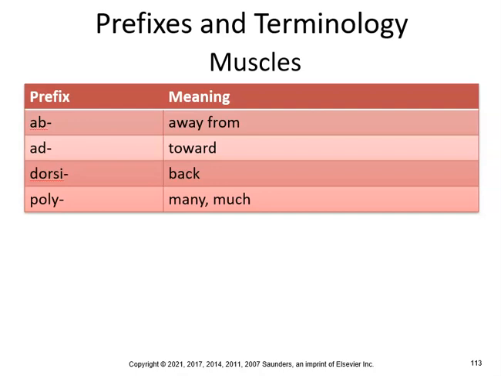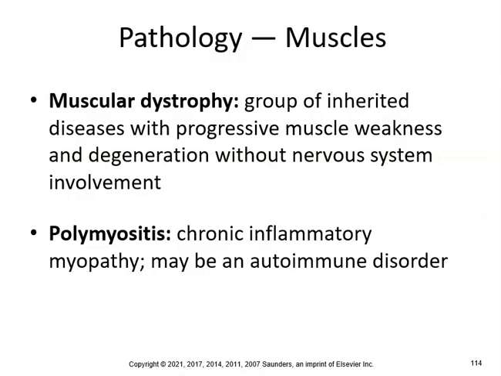Adduction is toward, and abduction is away. What are some pathological conditions of muscles? You have muscular dystrophy, a group of inherited diseases with progressive muscle weakness and degeneration without nervous system involvement. Polymyositis is a chronic inflammatory myopathy, which may be an autoimmune disorder.